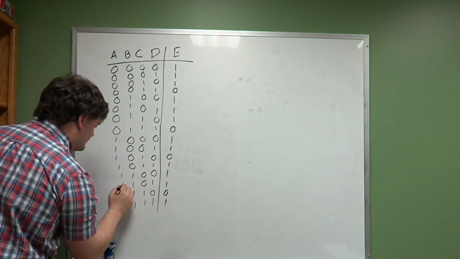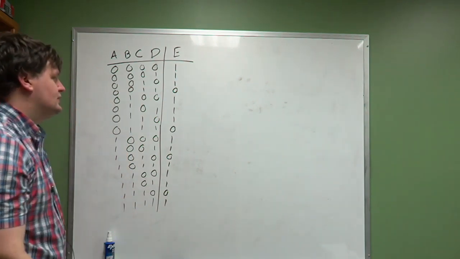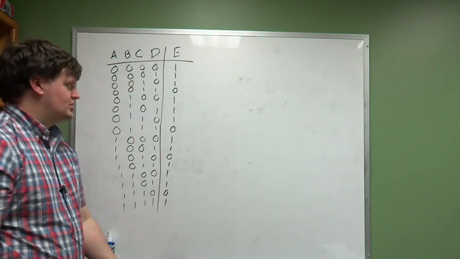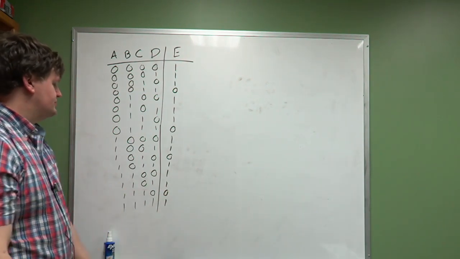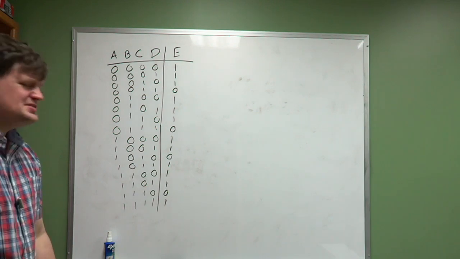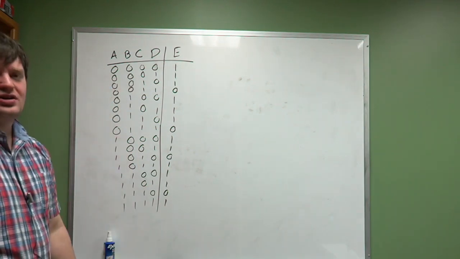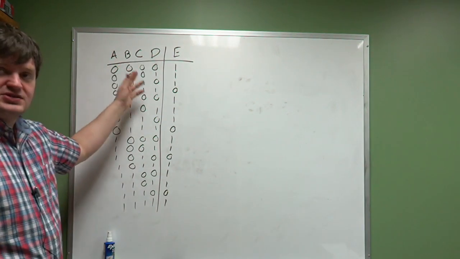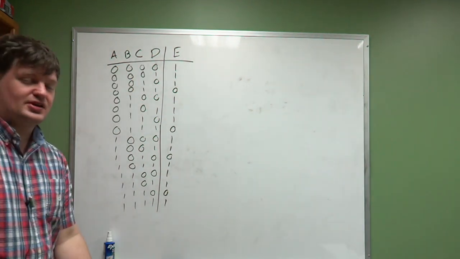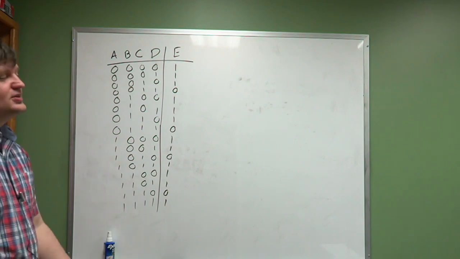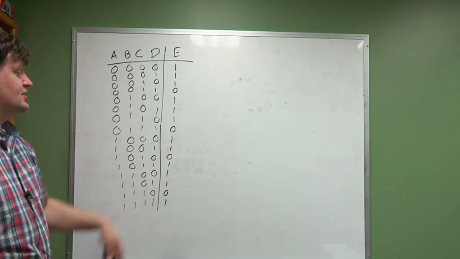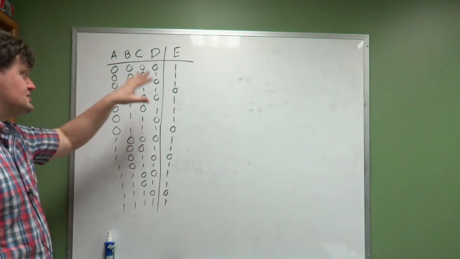Okay, I have it. Where's my truth table? It is just as massive and ugly as you would expect out of a 4-column truth table. 4 inputs means we're going to have 2 to the 4th entries in our truth table. Okay? 16 entries. Now, we have a lot of 1s in the E column.